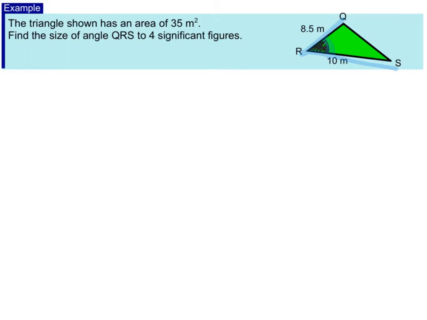So we're dealing with the area of a triangle. We've got this V shape. So my starting point is this formula. And same as whenever I'm working with any formula, I need to plug in the numbers I'm working with. The area is 35.